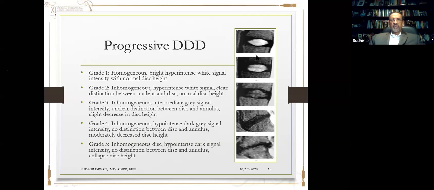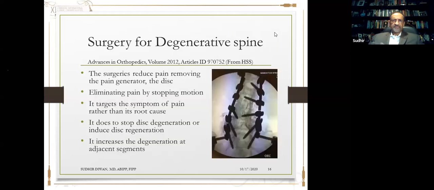The good news is it takes decades for degeneration to progress. Up until almost grade 3, the patient can be totally asymptomatic, and then in grades 4 and 5, the symptoms start after it starts pressing on the facets and causing foramen narrowing and lateral recess narrowing.